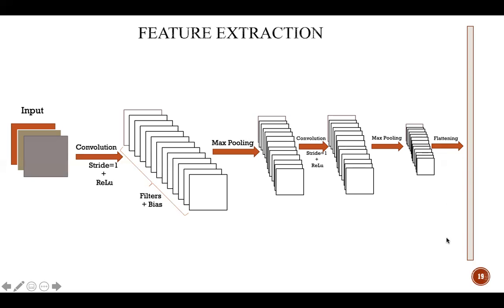And this is your flattened feature map, or your flattened features, okay? Now, these are the building blocks, or a very quick introduction into some of the important concepts that you should be aware of inside convolutional neural networks.